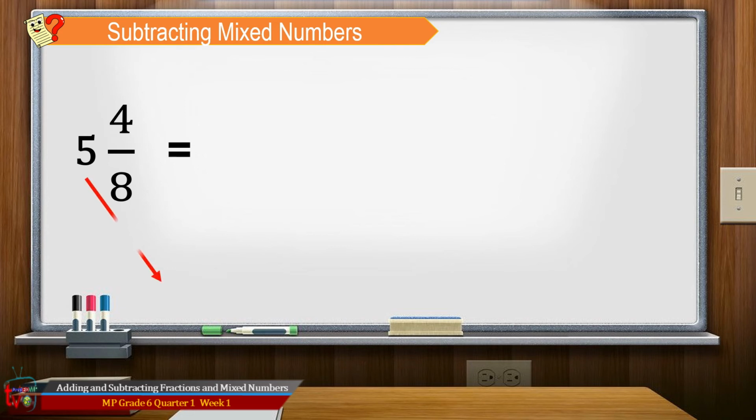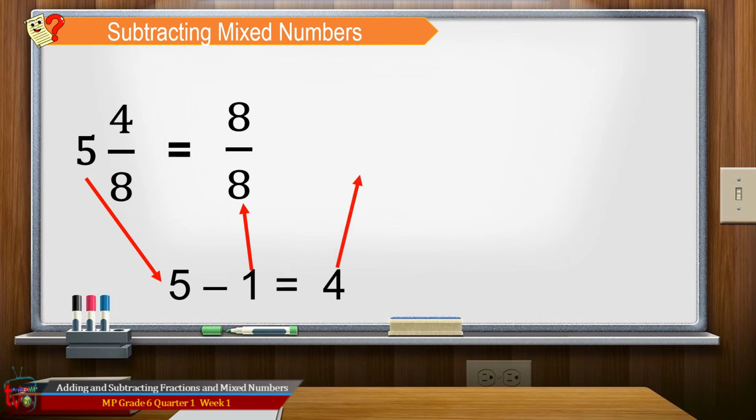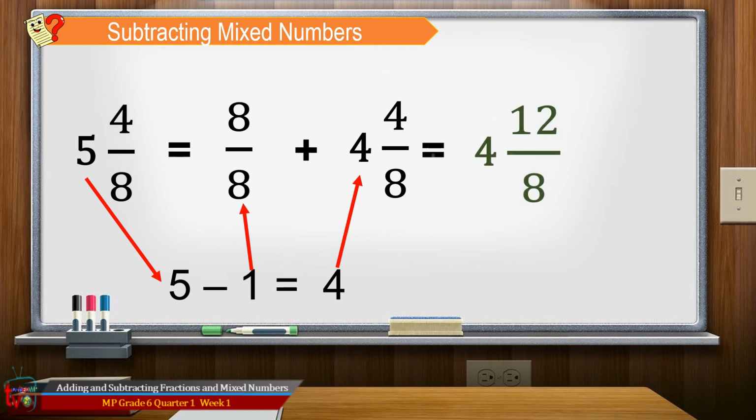First is to regroup 1 from 5 and make it as a fraction using the denominator. 1 will now become 8/8, and 4 will become our new whole number. You can now add them. So our answer is 4 and 12/8. The equivalent fraction of 5 and 4/8 is 4 and 12/8.